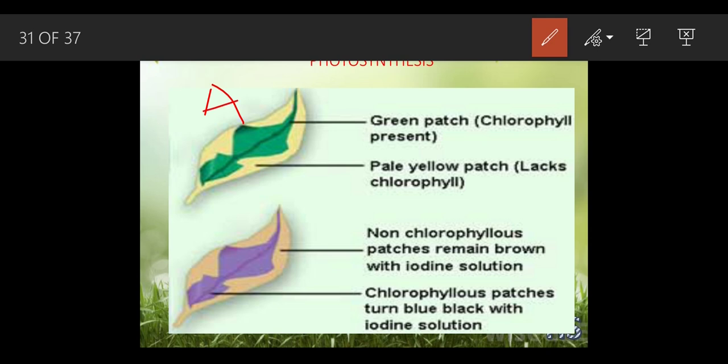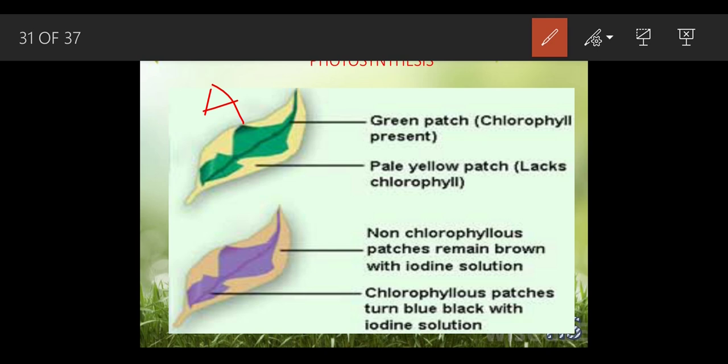How to destarch? Keep the potted plant in a dark room for 24 to 48 hours. Now when you destarch the leaf, place that plant again in the sun. After a few hours, pluck one leaf of this.